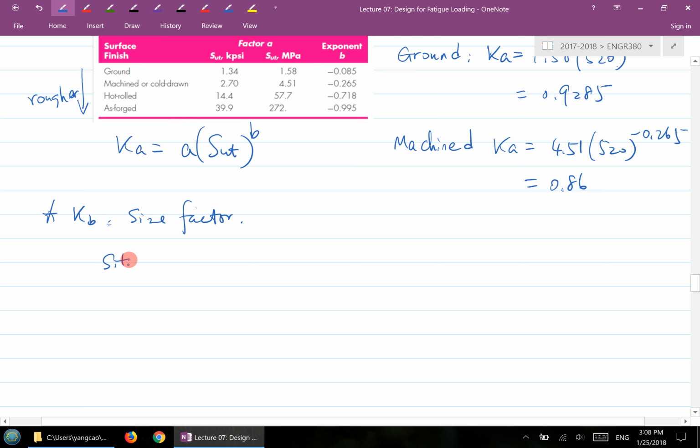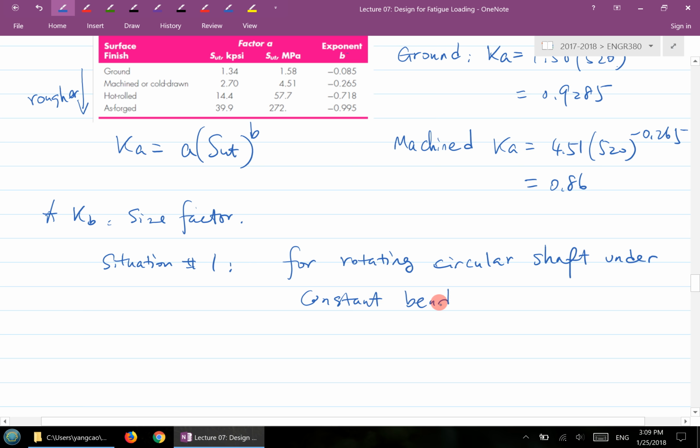Situation number 1 is for a rotating circular shaft under constant bending. This is the first scenario.